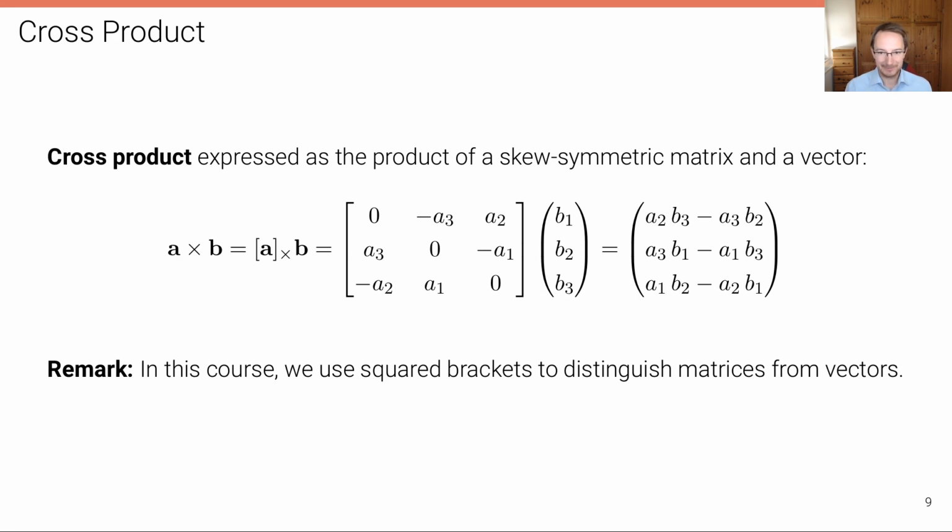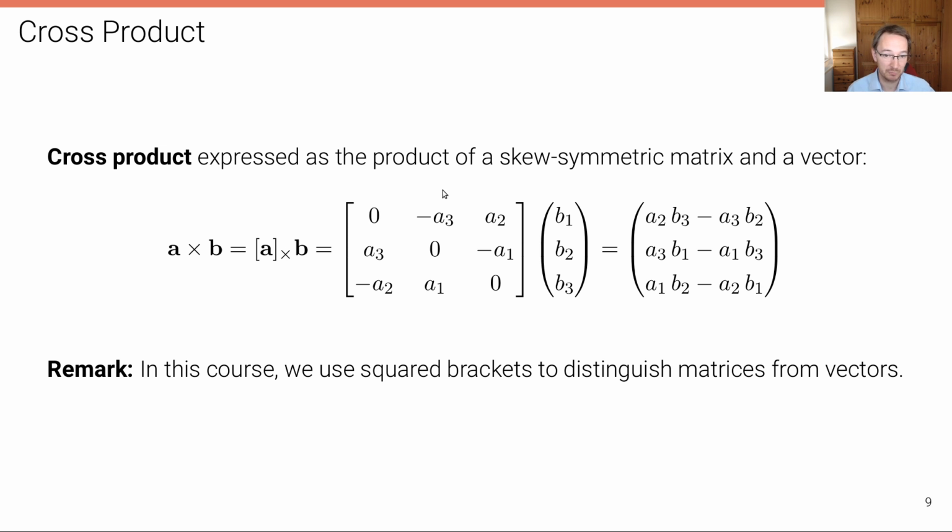Now, to describe some of the properties of what we can do with lines, we first remind ourselves of the traditional cross product that we know from school between two vectors. The cross product is written as, if we have one vector a and one vector b, a cross b.